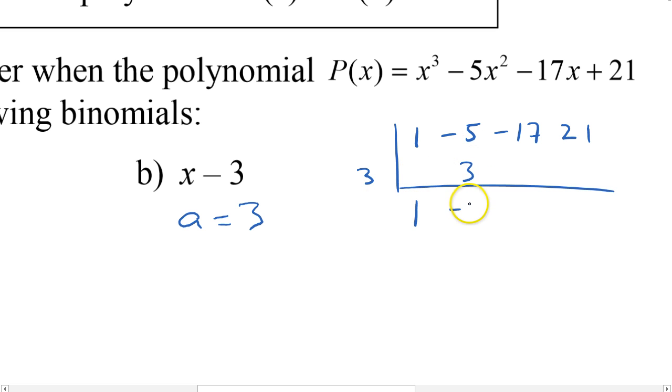I get -2. 3 times -2 is -6. Adding -17 and -6, I get -23. I multiply that times 3 and get -69. Now 21 and -69 give me -48. The only thing I'm really interested in here is the remainder, so there's my remainder of -48.